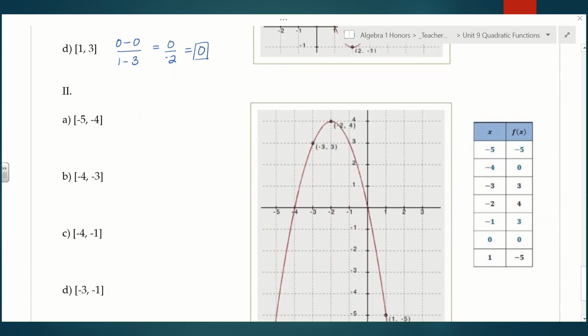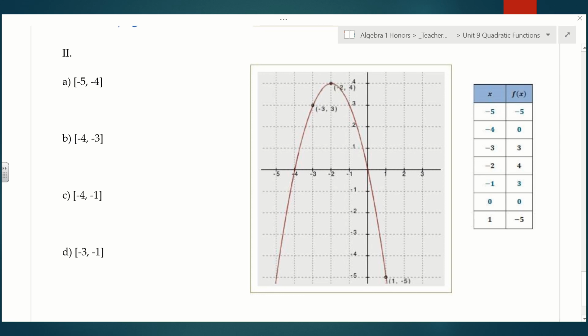Okay, we're going to do the same thing with this parabola. This parabola is opening downward, but we're going to treat it the same way. Average rate of change between negative 5 and negative 4 means I'm going to use those 2 points. Negative 5 minus 0, over negative 5 minus negative 4. Be careful with the extra negative there.